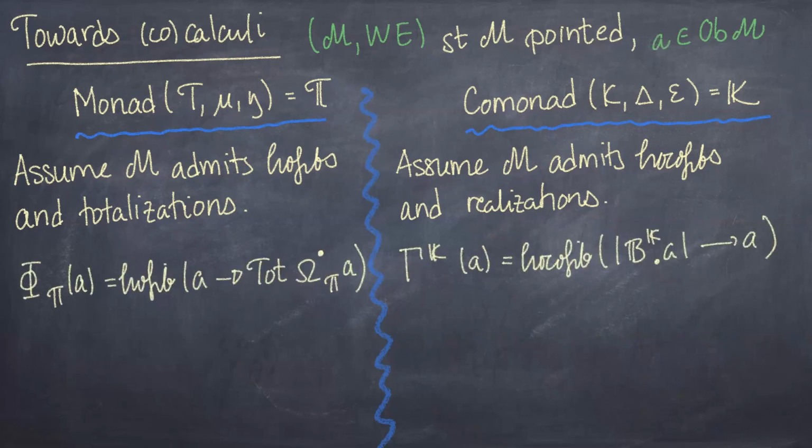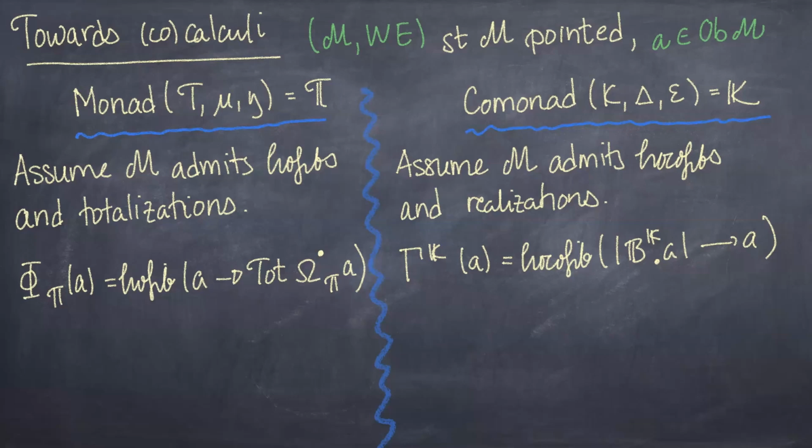So what we want to do is take this cosimplicial construction, for example. So we have there Omega TA, the cosimplicial cobar construction on A associated to T. And if we are supposed to have totalizations, totalizations give us a way of taking a cosimplicial object in M and obtaining from that an object in M. So suppose we have a way of doing that.